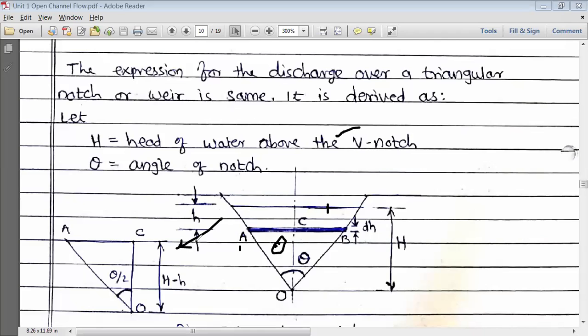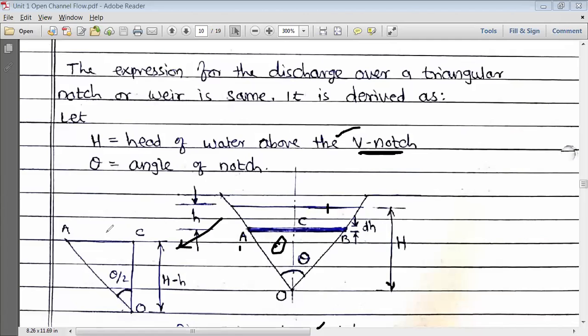Opposite side divided by adjacent. Yes, this triangular notch is also called a V notch.